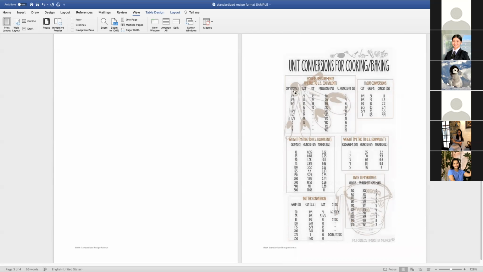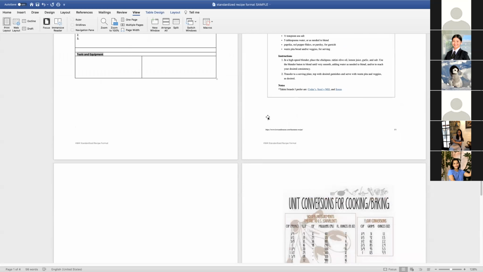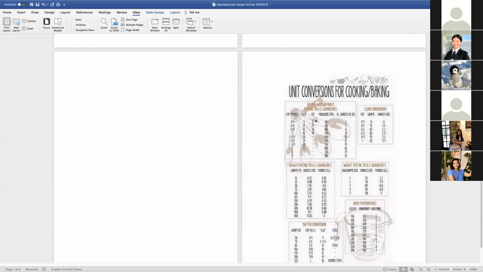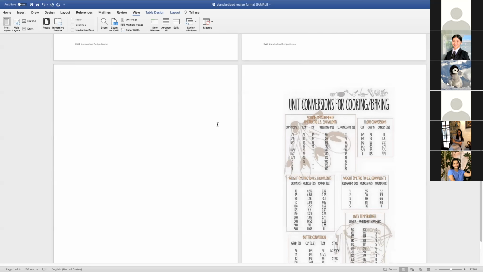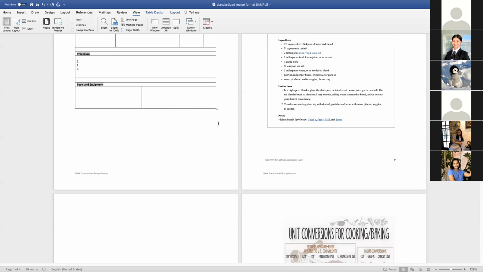You have to have all your ingredient quantities in the metric system, meaning always using weight. For liquids, it has to be in ml, and for solids, in grams. Now, why should we use the metric system?